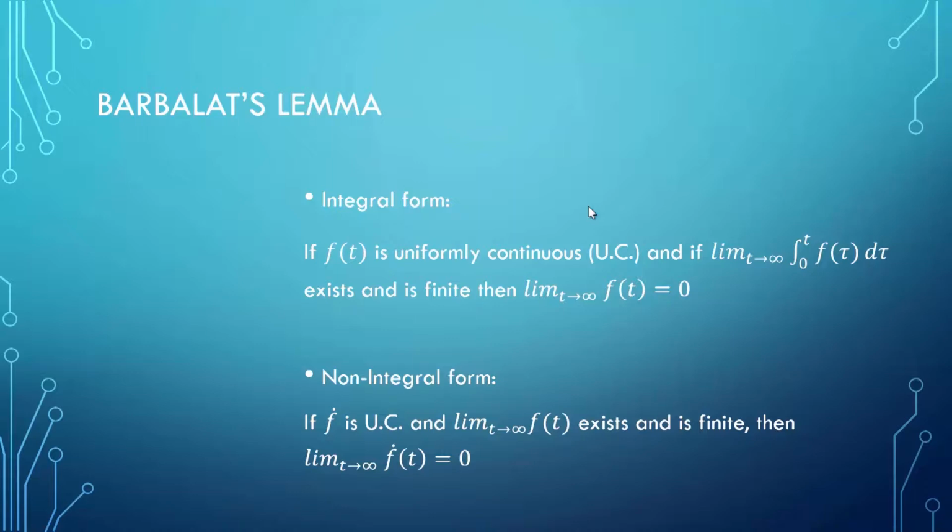So now is the chance to be Barbalat in 10 minutes. Obviously we want 0 here, because of convergence, right?